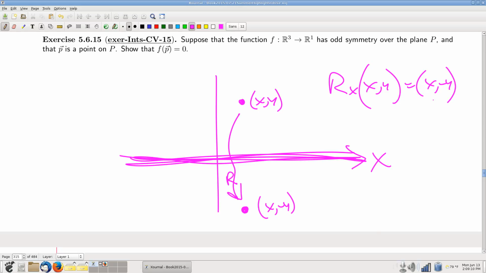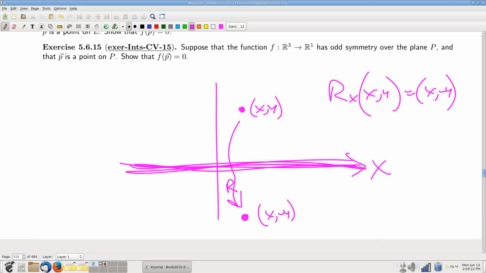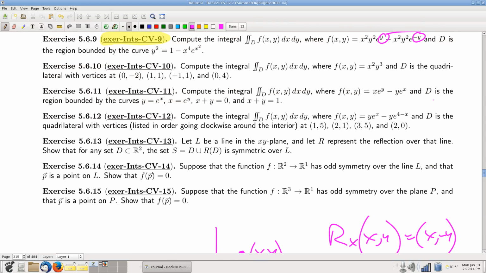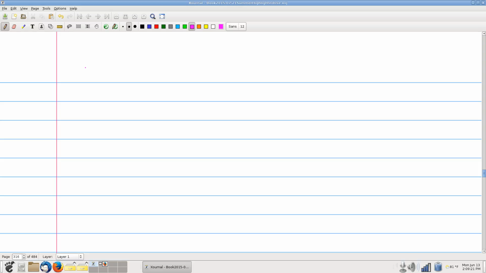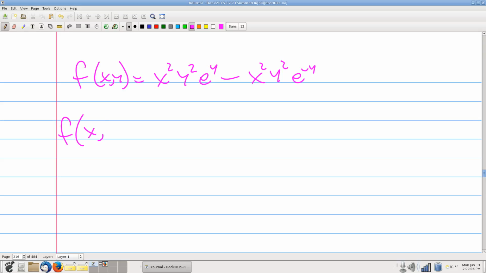All right, so now does the function have the required odd symmetry? Well, let's see here. The function is x squared y squared e to the y minus x squared y squared e to the minus y. So what is f of the reflection, which is f of (x, -y)?